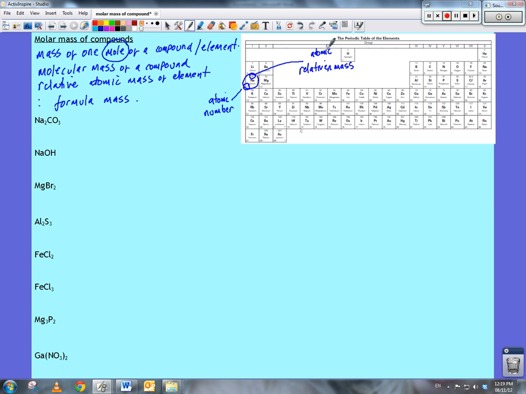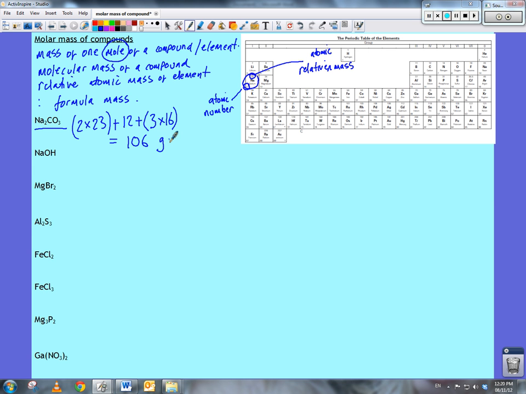So for instance, for sodium carbonate, we've got two sodiums. That gives us 2 times 23, plus carbon, 12, plus 3 times the mass of oxygen. Oxygen is 16. And by doing that, we add them all up, we get an answer of 106. Now, molar mass actually has units.